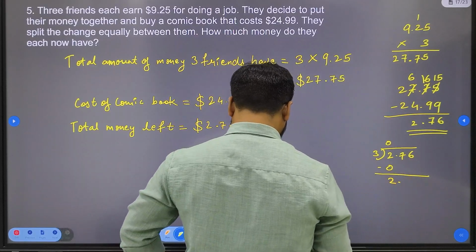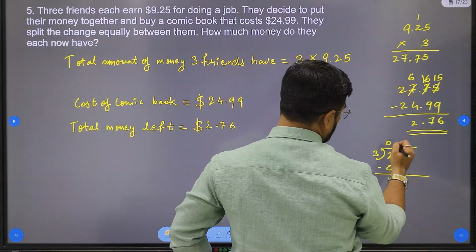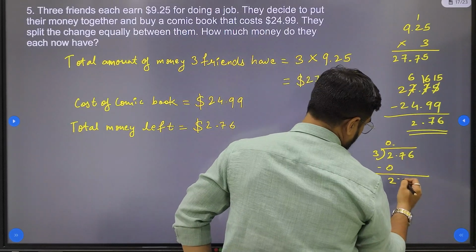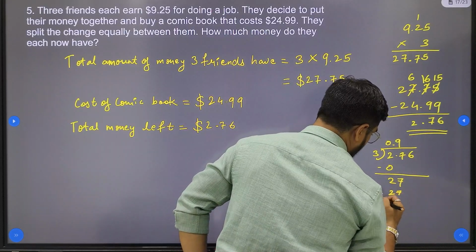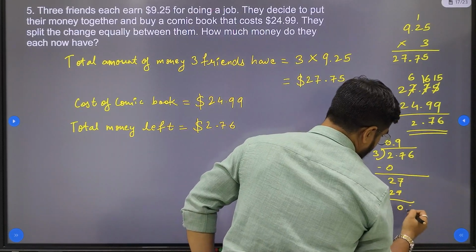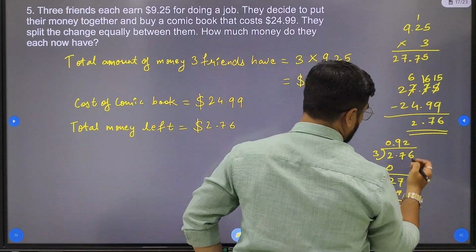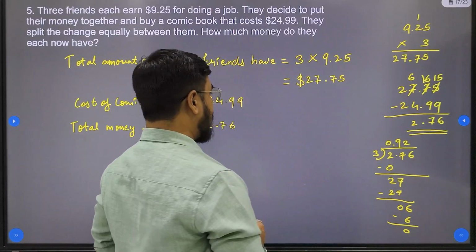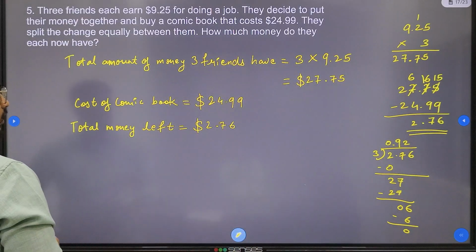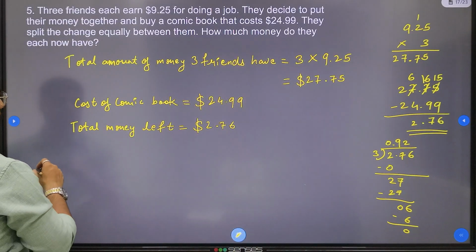The decimal doesn't follow below in the division, it follows above. So next number 7. 3 into 9 is 27. And next number is 6. 3 into 2 is 6. So each of them now has $0.92.